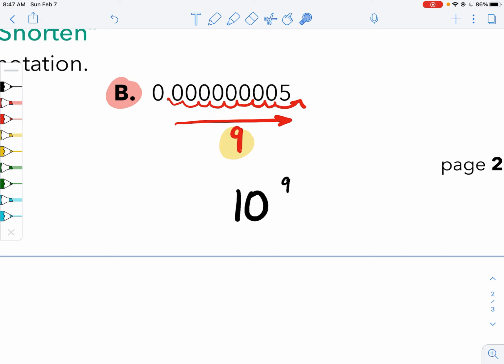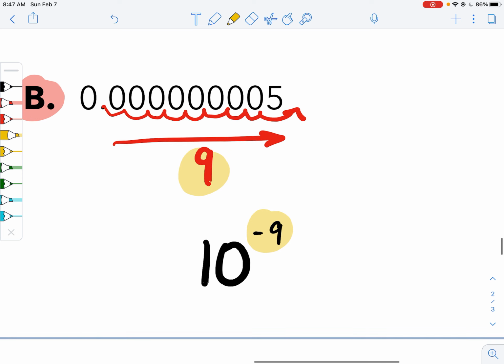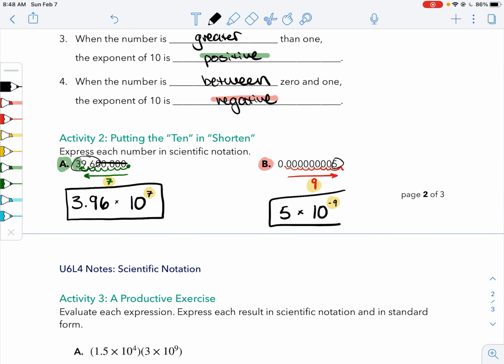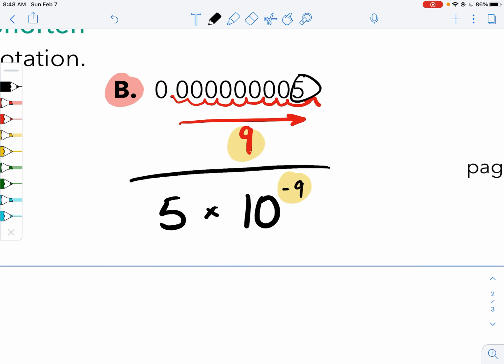So it gives us 10 to the negative 9th power. And what number are we dealing with? Well, this is just a 5. So it's going to be 5 times 10 to the negative 9th. There we have it. There's your scientific notation.